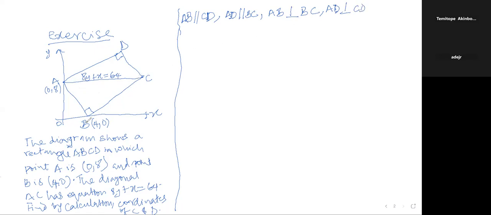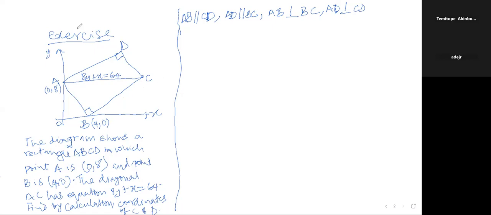Or you want to say that BC is perpendicular to CD, or AD is perpendicular to AB. Hope I'm making sense.